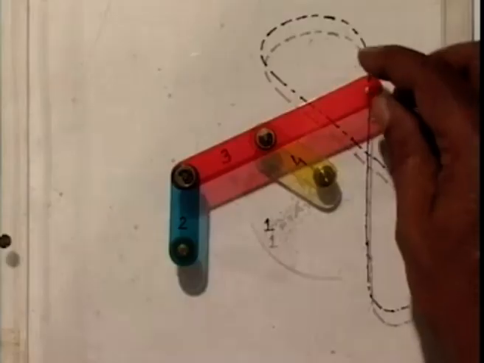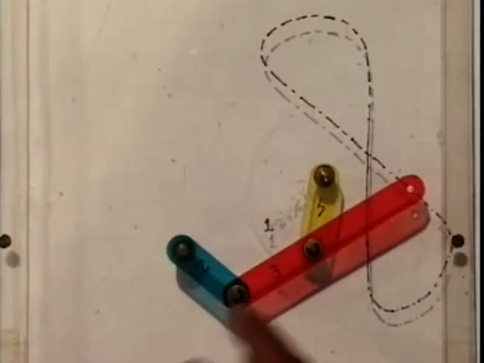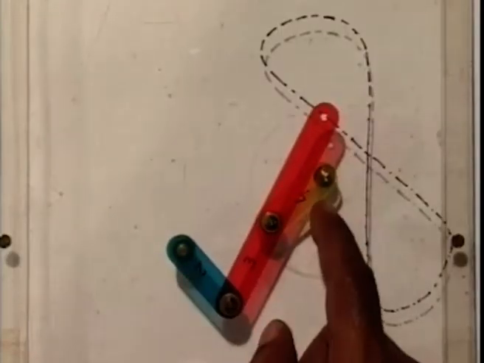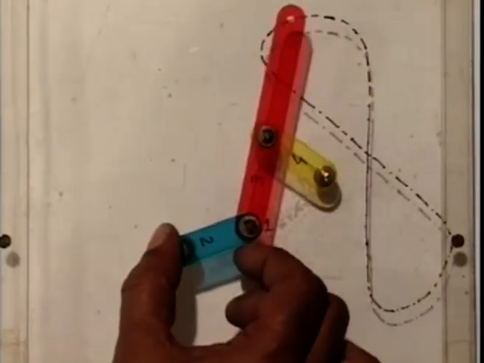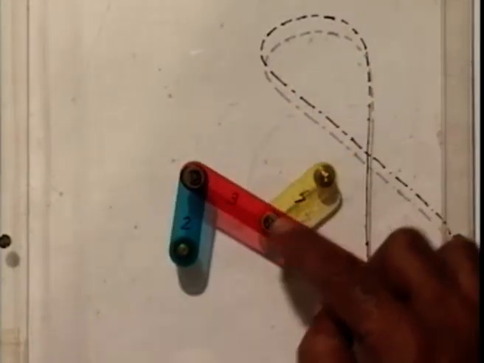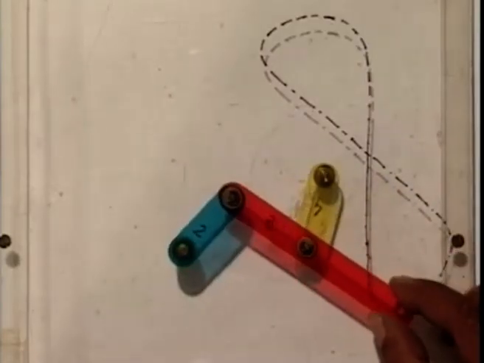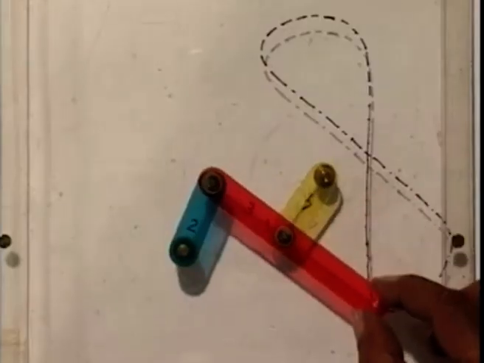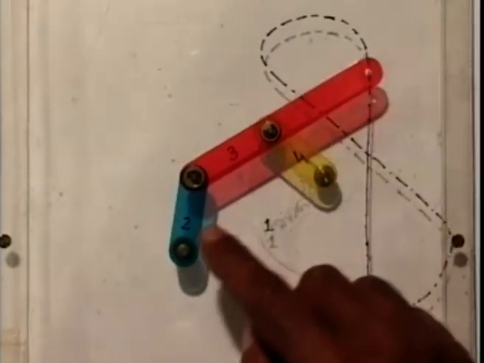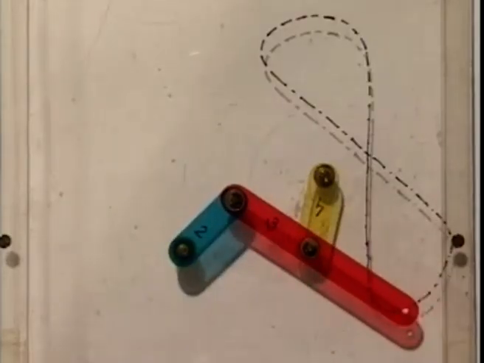We notice that both the Watt's mechanism seen earlier and this Evans mechanism are double rocker. Neither link 2 nor link 4 can rotate completely, and as we see that this rocker is crossing the line of frame, which implies that it must be a non-Grasshopper double rocker. This is the line of frame, and link number 4 is coming below this. So this is a non-Grasshopper double rocker, just as in the case of a Watt's linkage.